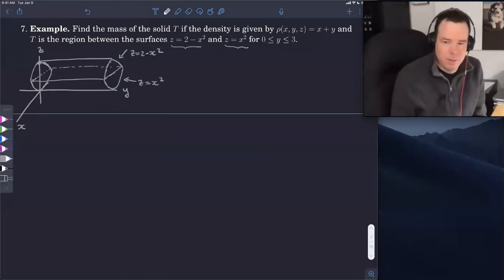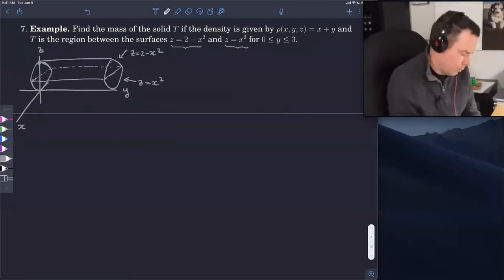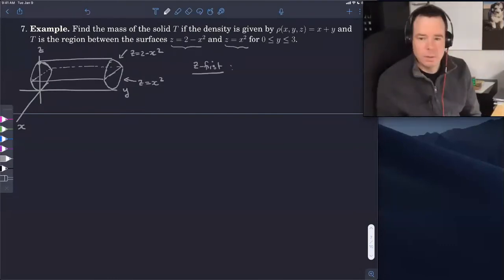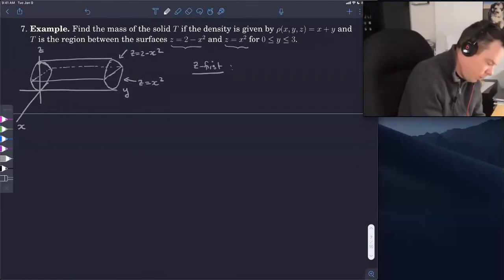There's that rectangle right in the middle of it, and that's the shadow that would get projected down below. So if we did a z first integral, then our footprint is going to be, we've got y, we've got x, and our footprint is going to be this rectangle.